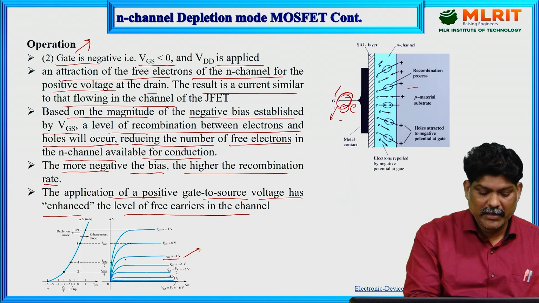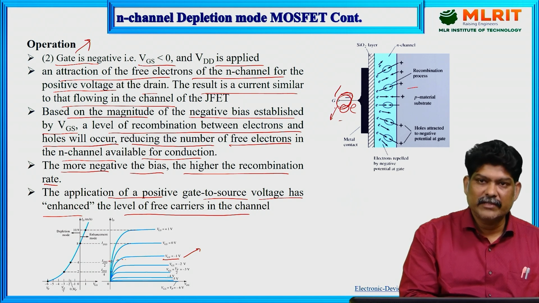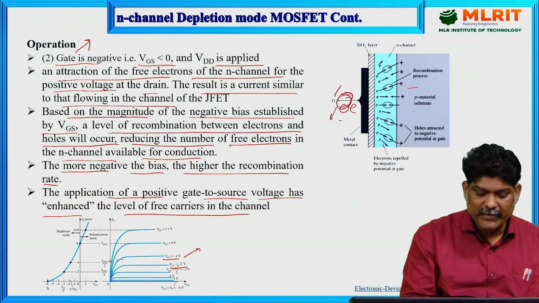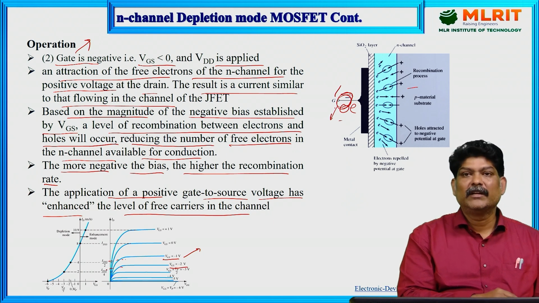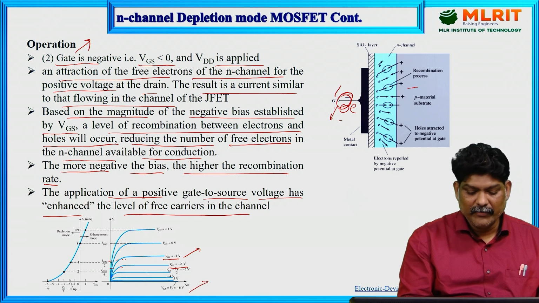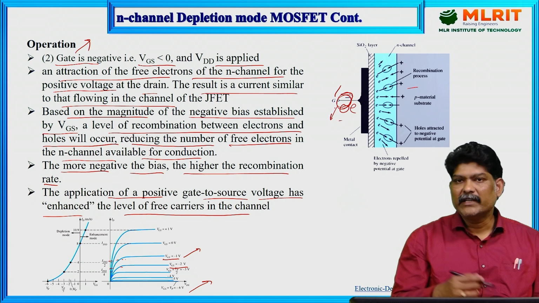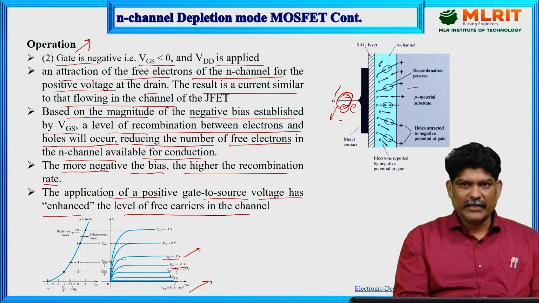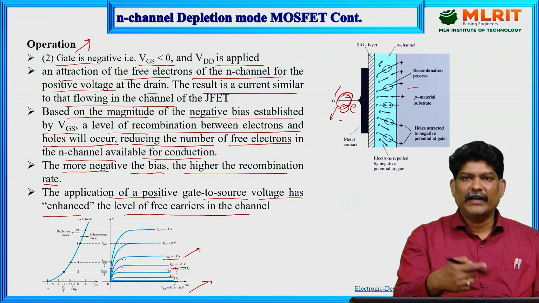The drain current is constant, and with further negative VGS, the drain current also decreases. Even if you increase the drain to source voltage, there is no increase in the current. The current will be constant. Only when the gate to source voltage changes does ID also change.